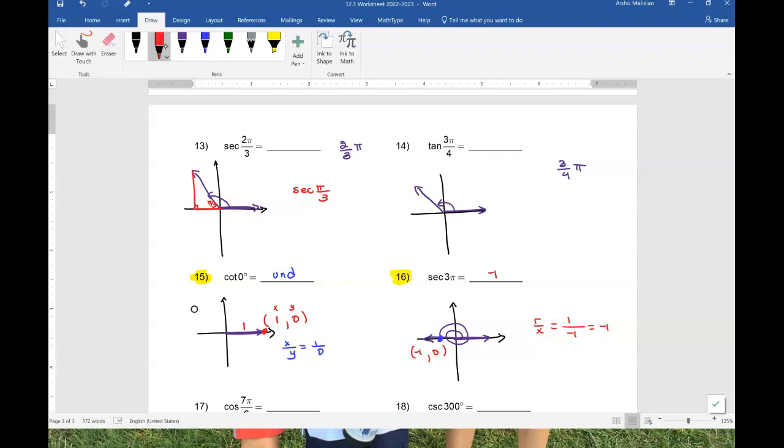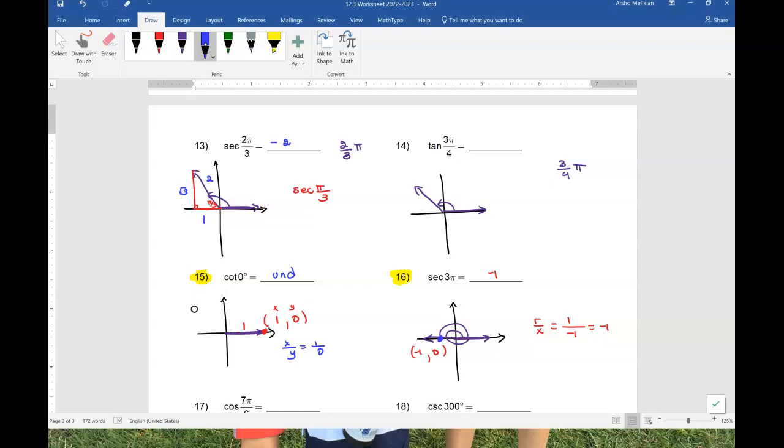Will this vertical side here be 1, root 3, or 2? Root 3, because 60 faces that. This would be 1 and this would be 2. Secant is like cosine, so it's hypotenuse over adjacent. So how much would it be? 2 over 1. Now the last step is: is cosine or secant positive or negative in this quadrant? Negative.